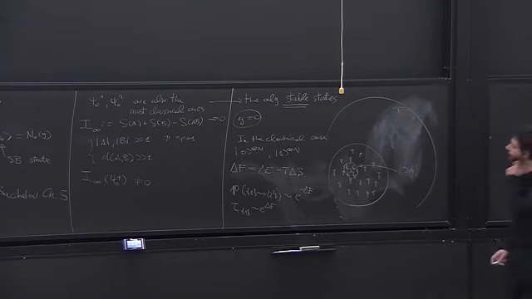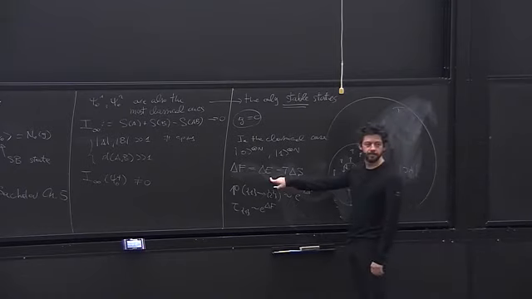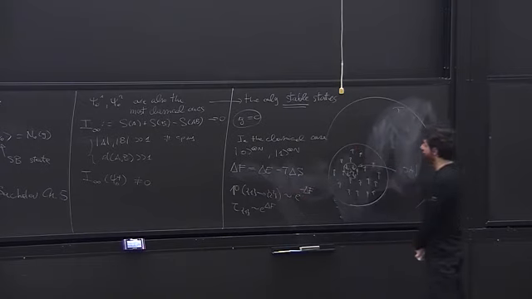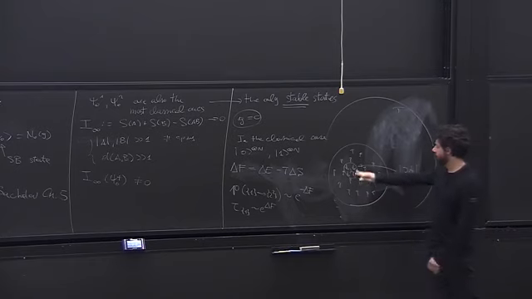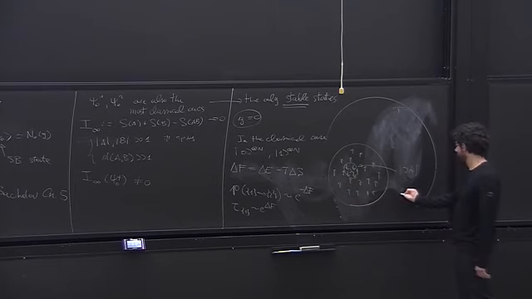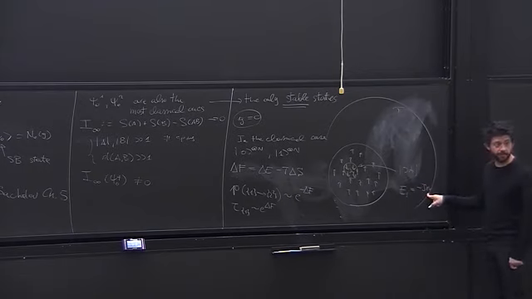Okay, so let's first compute delta E. You see that when we have all spins up, our energy is minus J. So E of the first configuration is minus J times the number of spins.